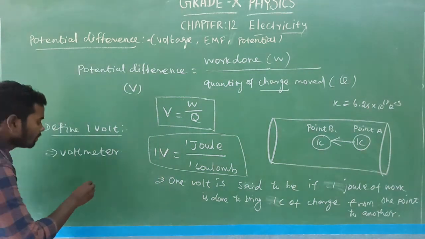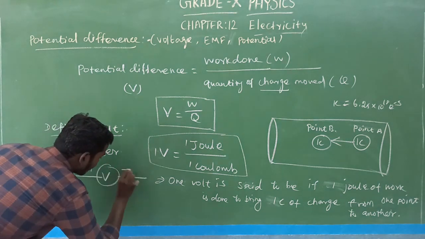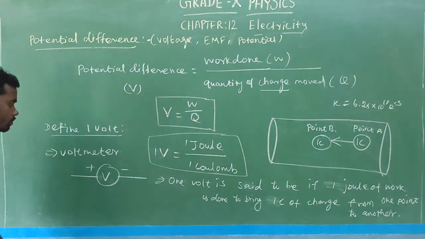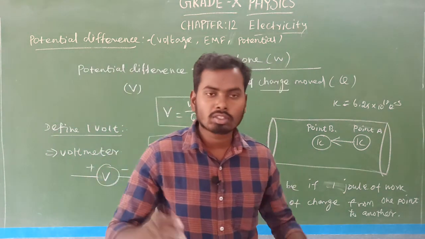The voltmeter symbol will be like this. This is the positive terminal and this is the negative terminal.